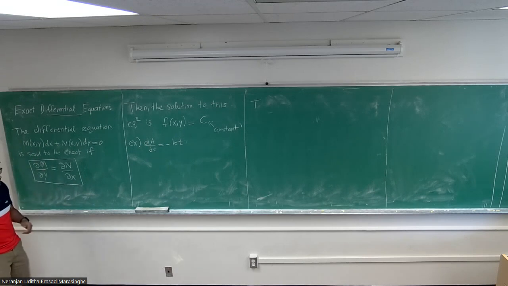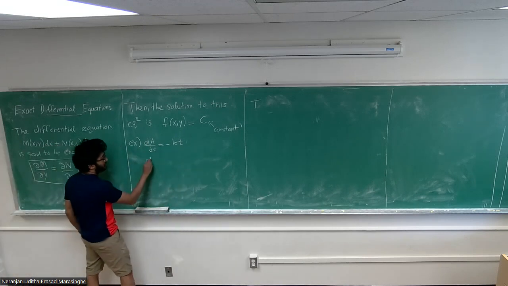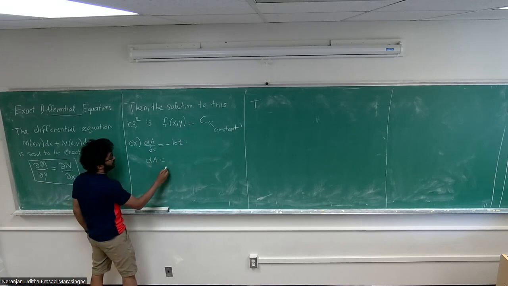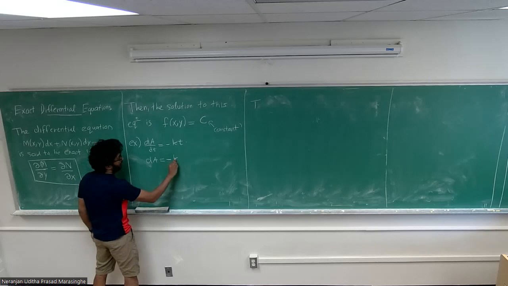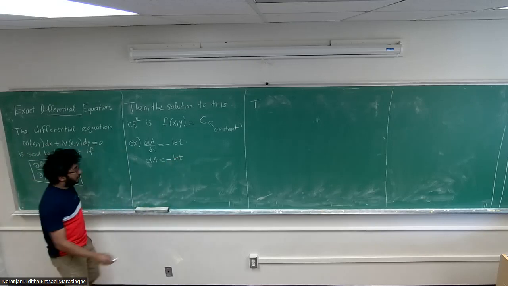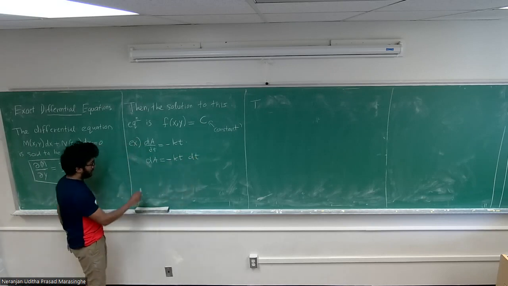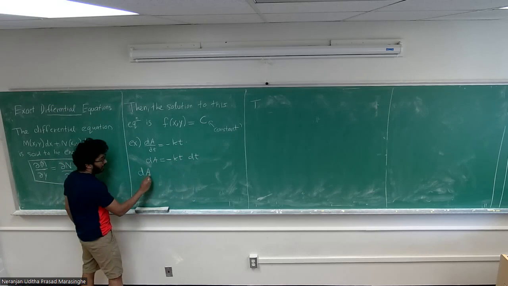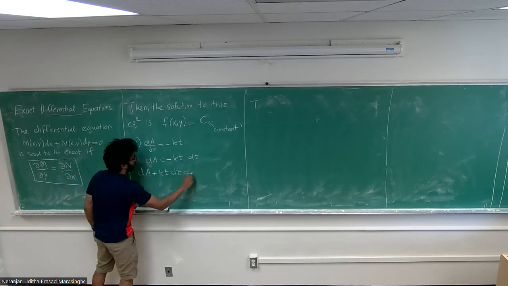Okay, let's do that conversion. I would take dt to the other side, so dA is going to be equal to minus k t dt. Then I would take this term to this side: dA plus kt dt is equal to 0.